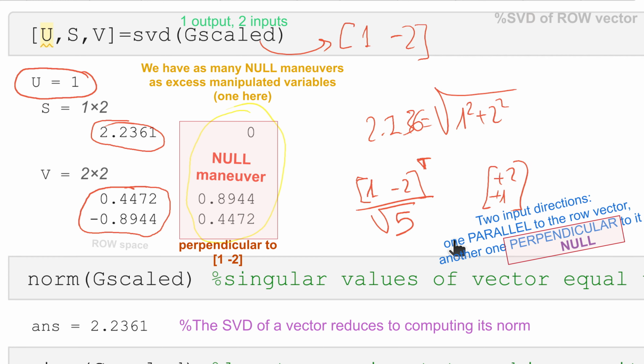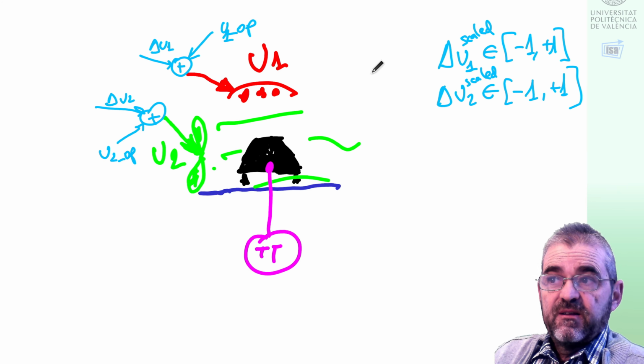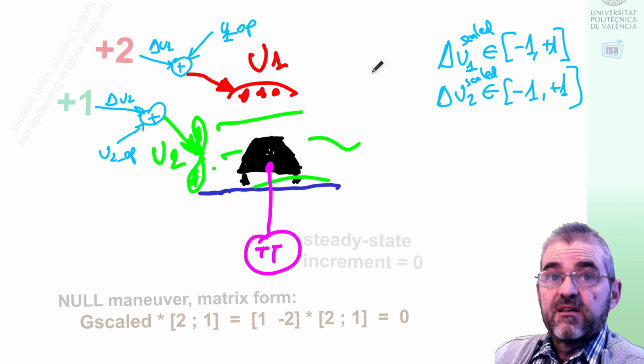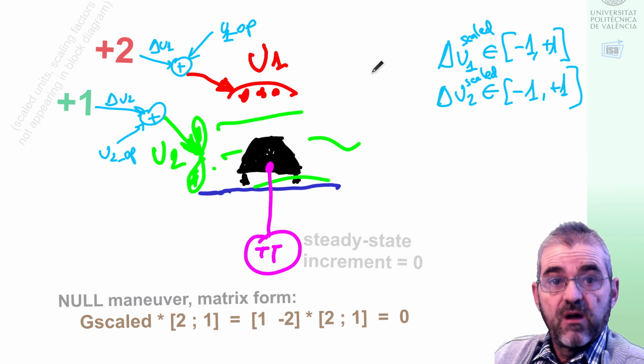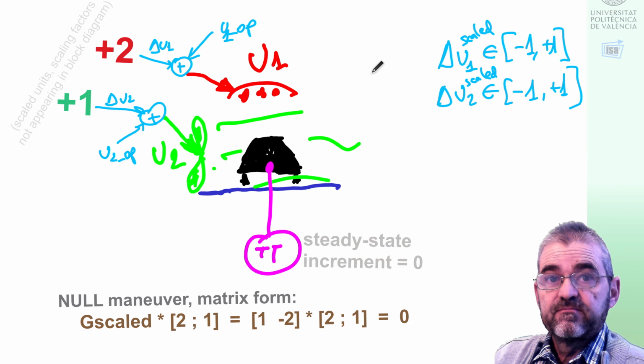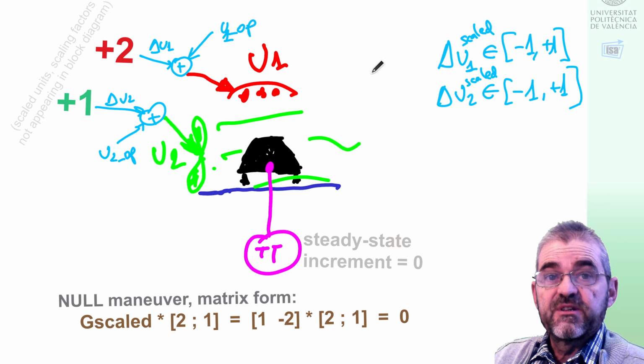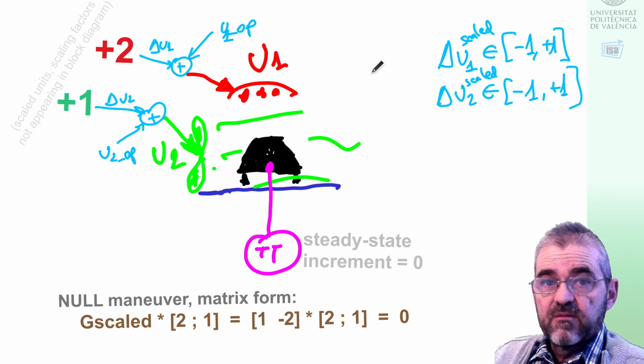And what does it mean in intuitive terms? Well, if I increase 2 units the resistor and I increase 1 unit the blower output, then the extra heating is exactly compensated by the extra cooling from the blower, because its cooling effect is twice as powerful.